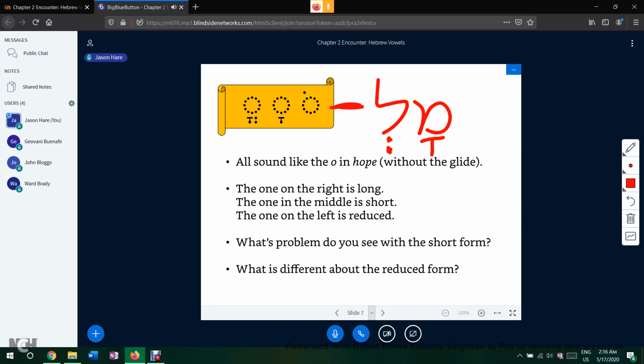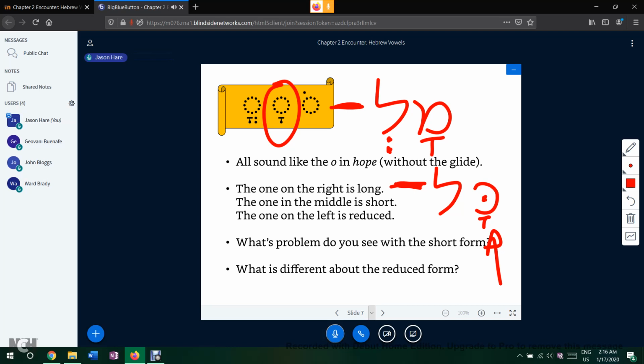The most common place we're going to see it is in the word kol. Kol is connected to the next word. It means all or every. And it has the kamatz right there. The problem with this is obviously that it looks like something else, right? That looks like the long A. It's the same mark.